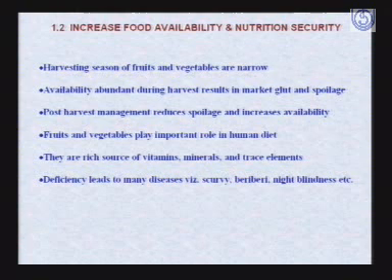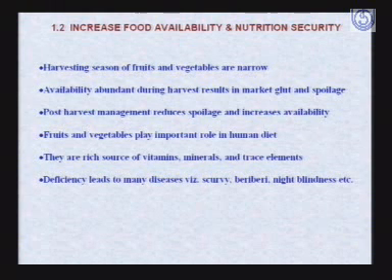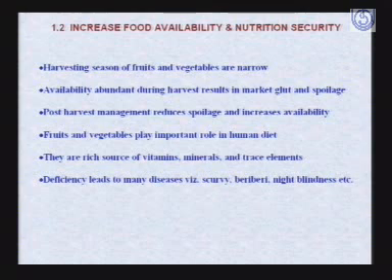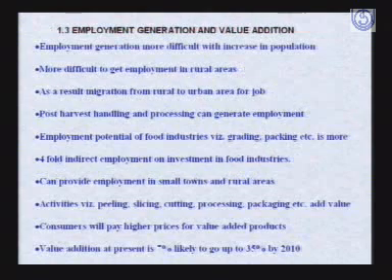No other food that we consume provides vitamin C or beta carotene; these are mainly drawn from fruits and vegetables. Deficiency results in several diseases like scurvy, beriberi, and night blindness, which is mainly due to the lack of vitamin A.